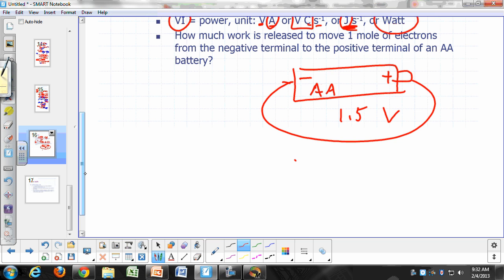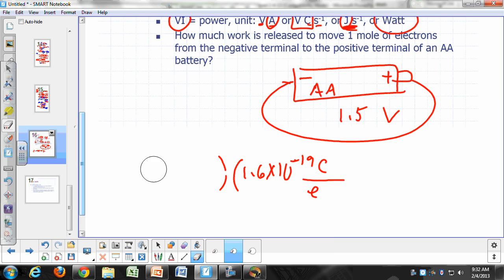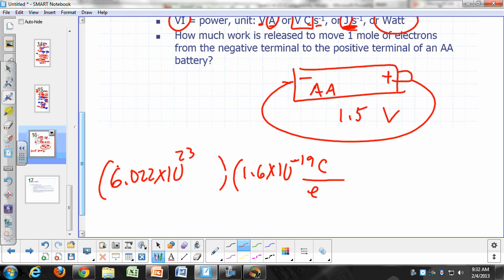If you have 1 mole of electrons, what's the charge of 1 electron? 1.6 times 10 to the negative 19 coulomb per electron, right? And a mole of electrons is how many electrons? 6.022 times 10 to the 23rd electrons per mole of electrons.